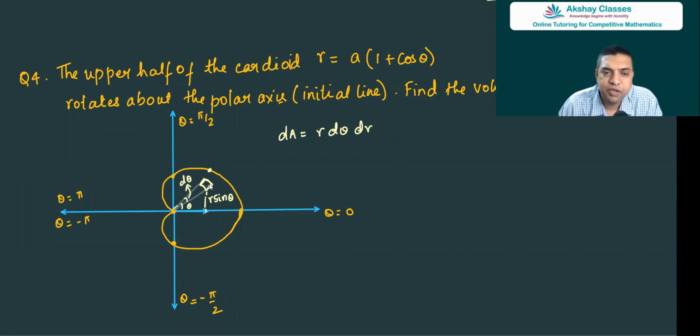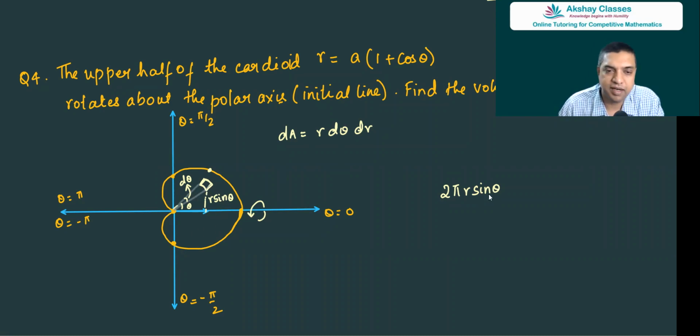So when you revolve the cardioid area about the initial line, the circumference of revolution of this element will be 2 pi r sine theta. r sine theta will be the radius, because this element will be revolving around the initial line.